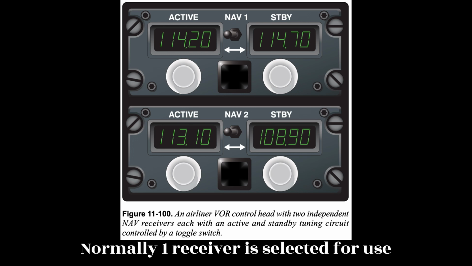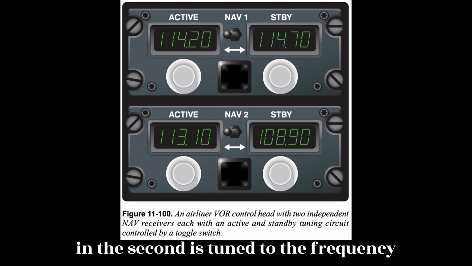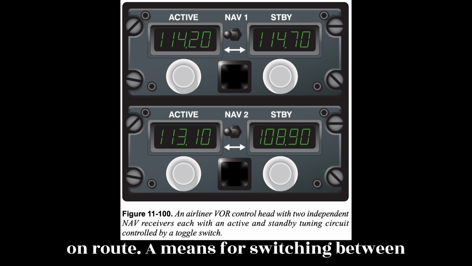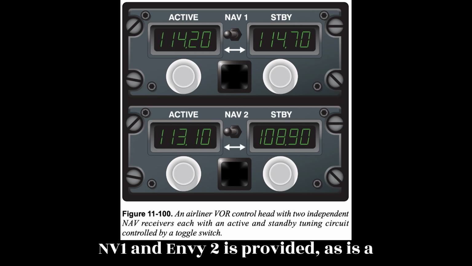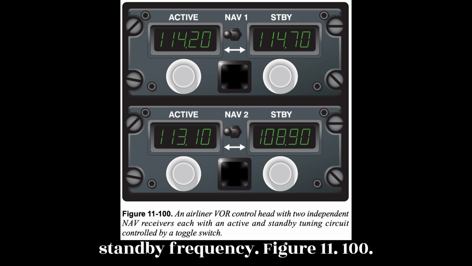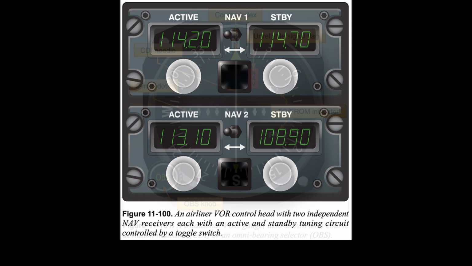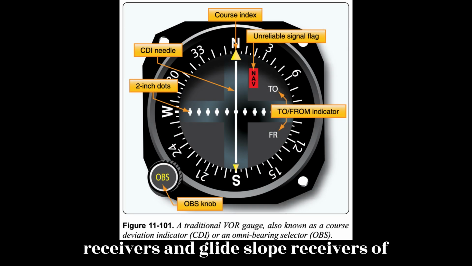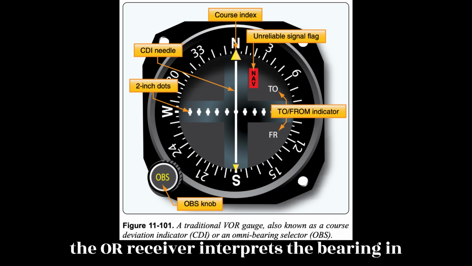Normally, one receiver is selected for use and the second is tuned to the frequency of the next VOR station to be encountered en route. A means for switching between NAV1 and NAV2 is provided, as is a switch for selecting the active or standby frequency. Figure 11.100. VOR receivers are also found coupled with Instrument Landing System (ILS) receivers and Glideslope receivers.